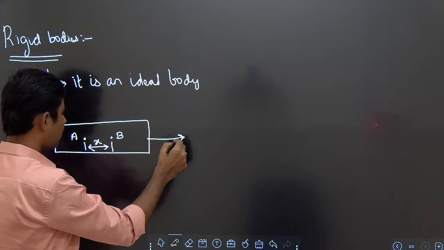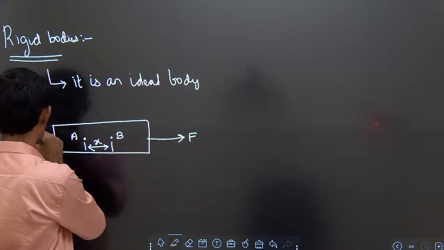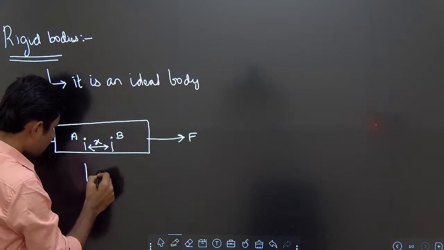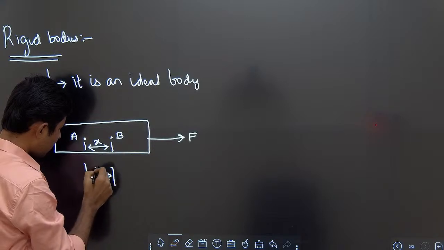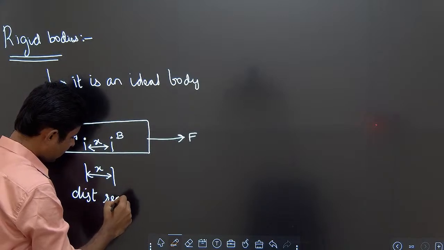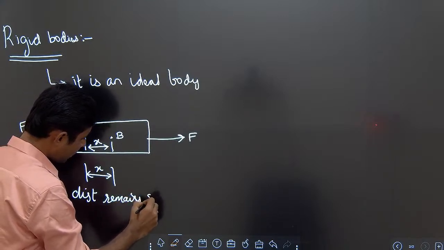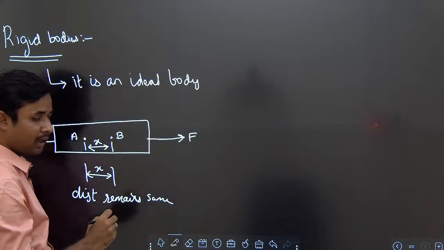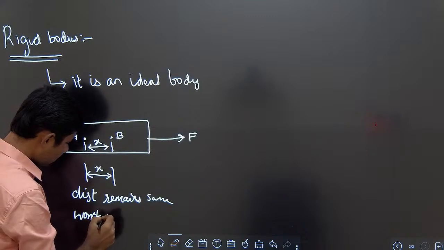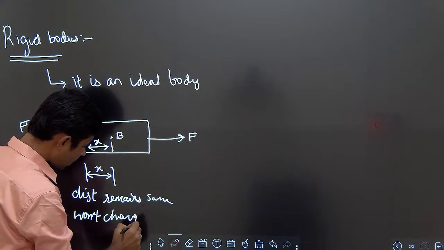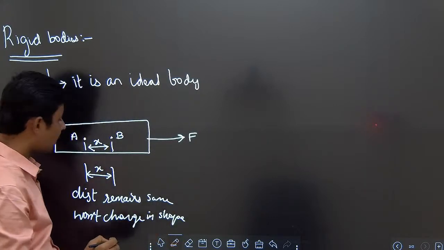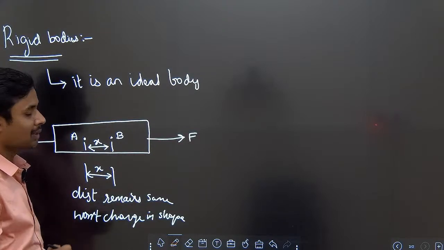Now you have applied a load on both sides. After applying load, if the distance remains the same and it won't change any shape, then that type of body is said to be a rigid body.